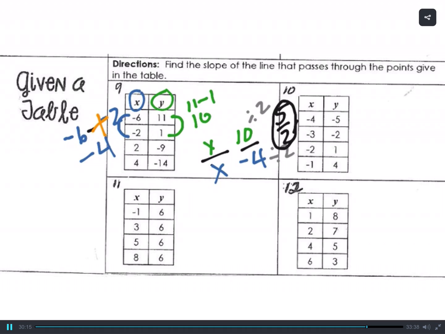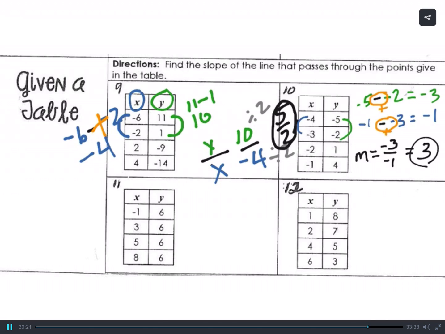I'd like for you to try number 10 on your own. Pause the video and then come back and check your work for number 10. All right, so take a look at my work for number 10. In both situations, for my y values and my x values, I had minus a negative number here in the middle.